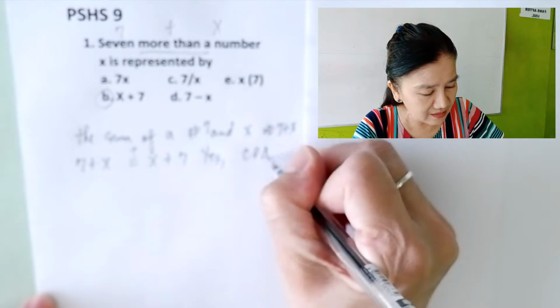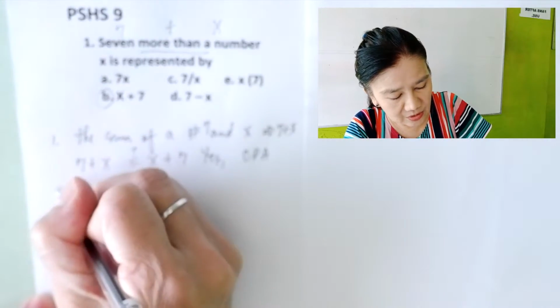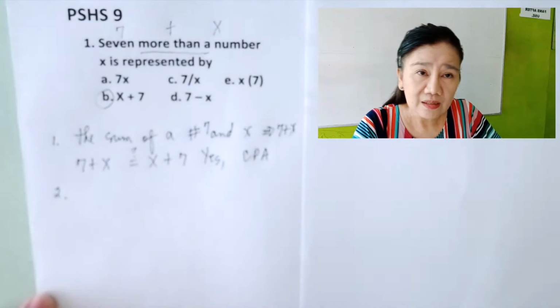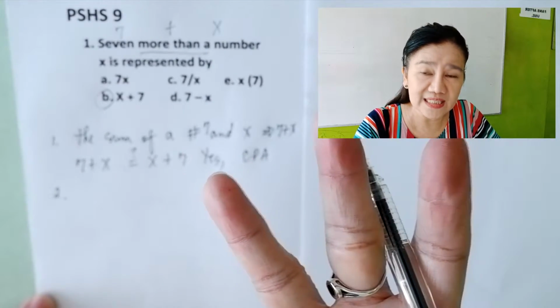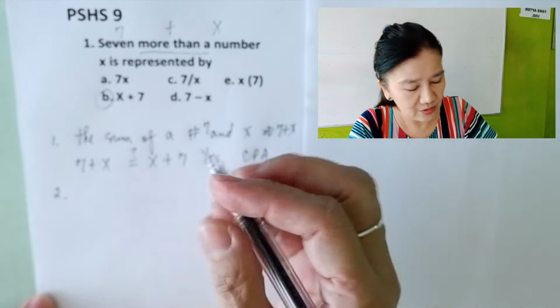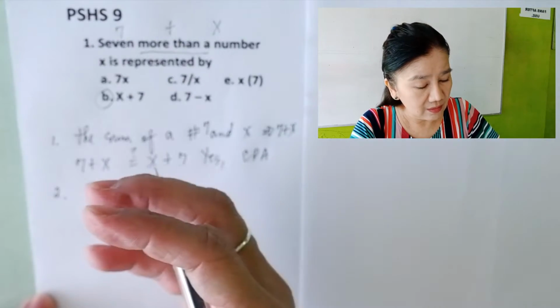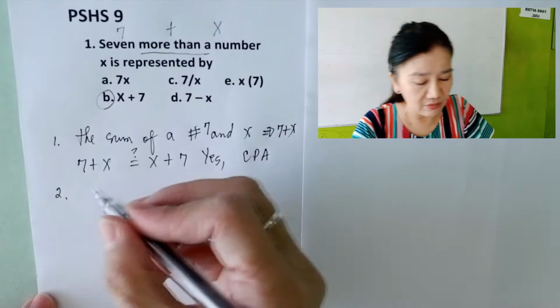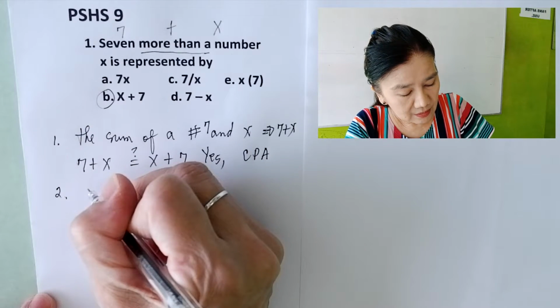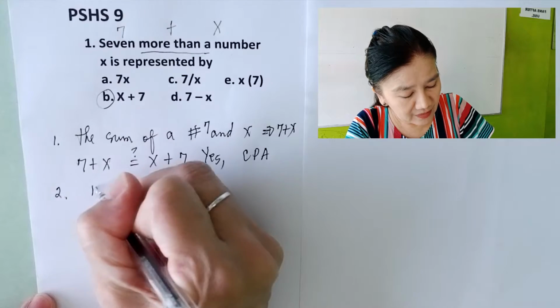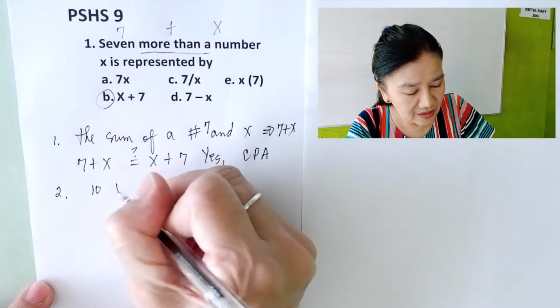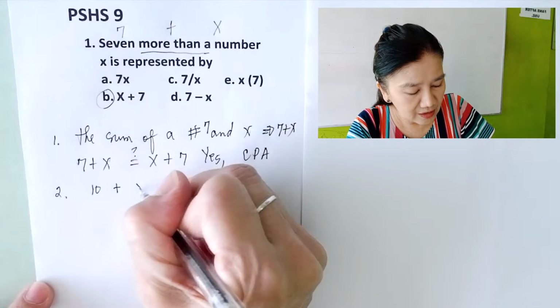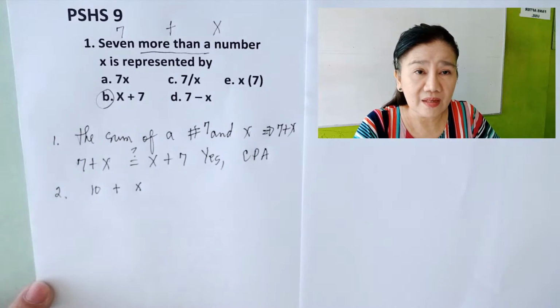Don't forget that. Next, you can also have the phrase increased by. For example, the problem is asking for the representation of a number 10 increased by a number x. There, increased by.